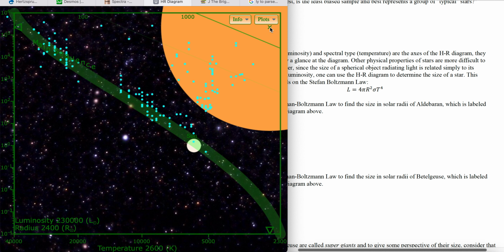Why is it that in order to have a star that has a luminosity of 230,000 times the luminosity of the sun, which is a real thing, there are stars that are 1,000,000 times brighter than our sun. That's crazy, isn't it?